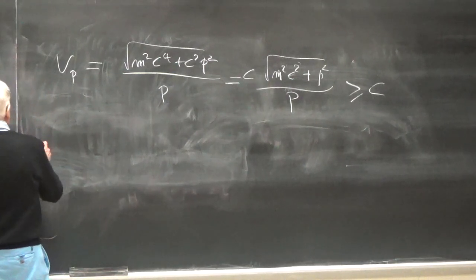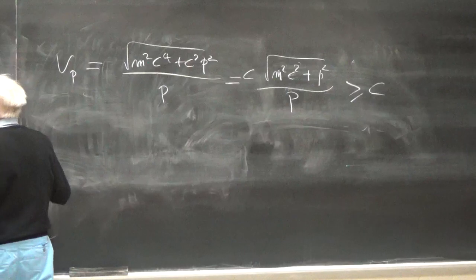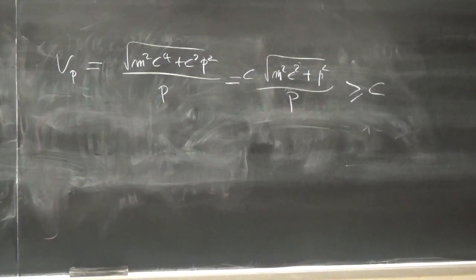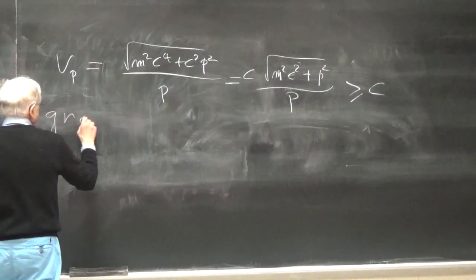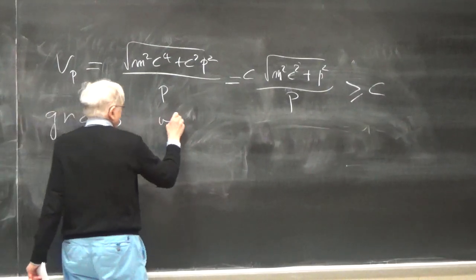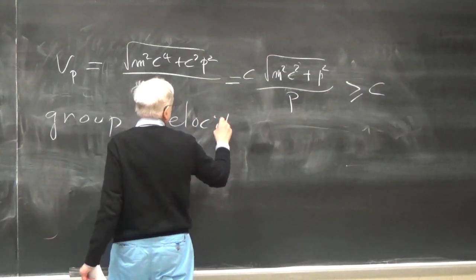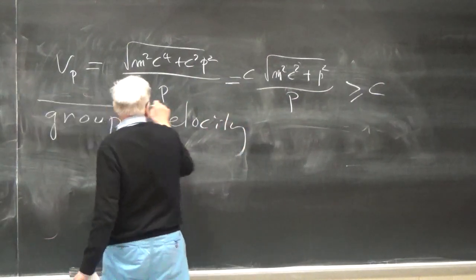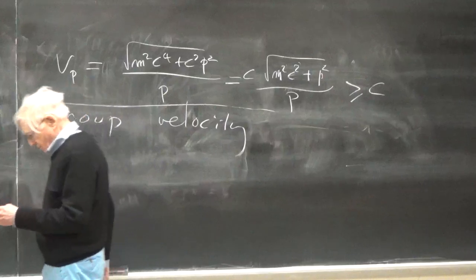So for that, we go to the group velocity. So I should have written phase. If we go to the group velocity, let me just write a line here so there's no confusion.